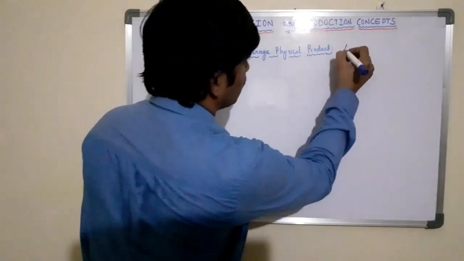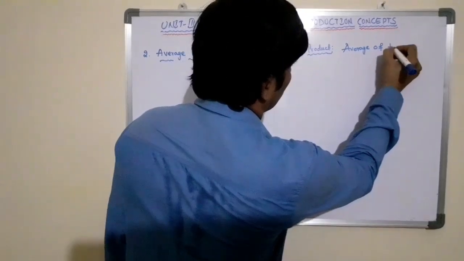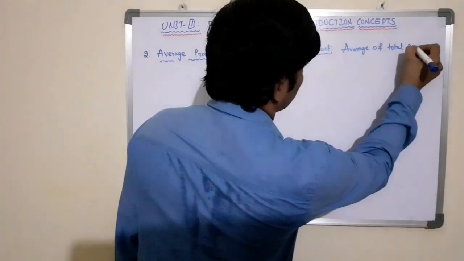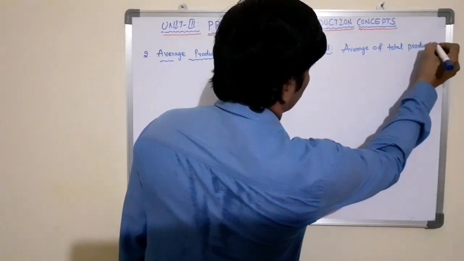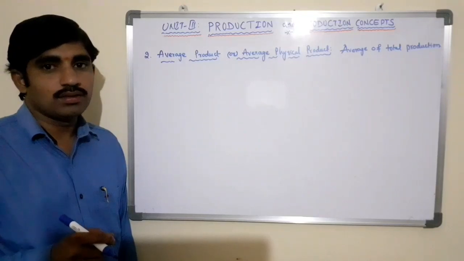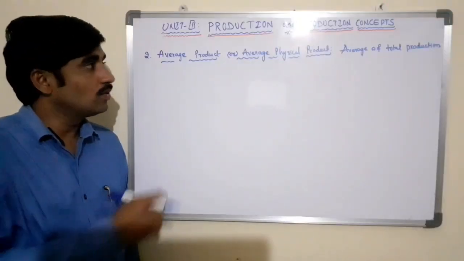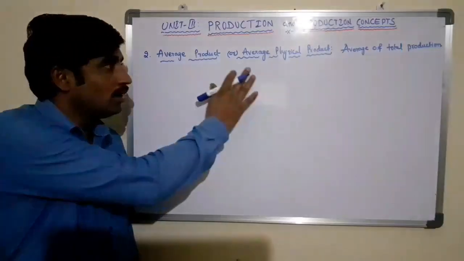We can say simply average of total production. Here average production refers to the relationship between the total production and the quantity of inputs that we are using to produce output for a given period, known as average product or average physical product.